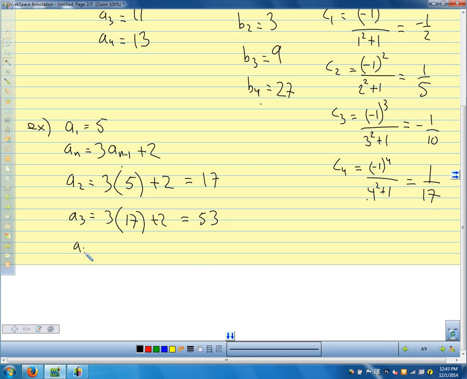And a sub 4 will be 3 times the previous term plus 2, and I get 161. So we call this a recursive formula. It's telling us to plug in the previous term to get the new term.